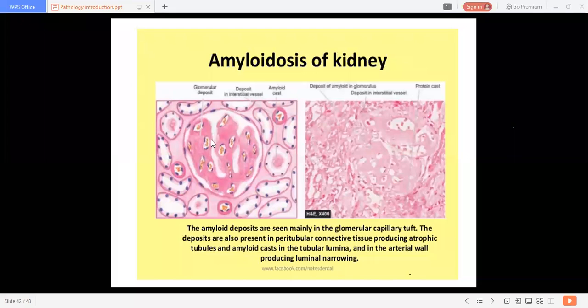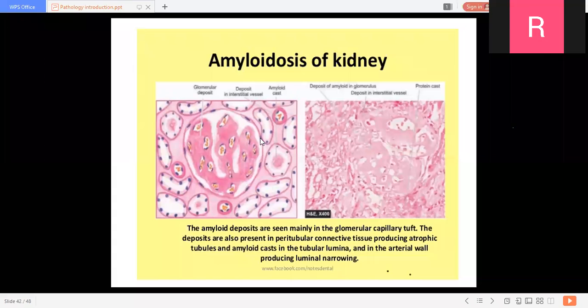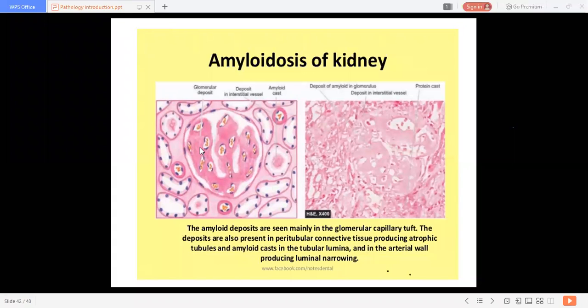So this is all about amyloidosis of kidney. When amyloidosis of kidney occurs, it is a serious condition and it mainly relates to any chronic disorder or chronic condition.